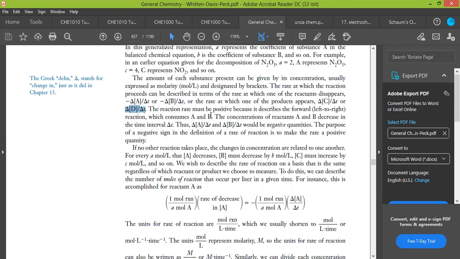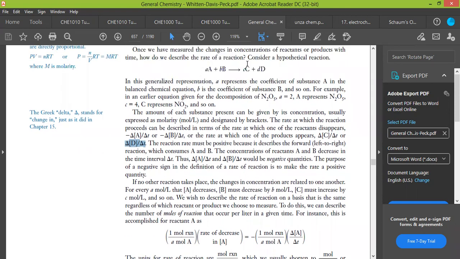The relationship is going to have the coefficients. So what we do is we have to reduce all of these to 1 mole of each one. So if A is a coefficient other than 1, this is going to be 1 over A, and then you multiply it by the change in concentration of that, for you to have the same rate throughout.